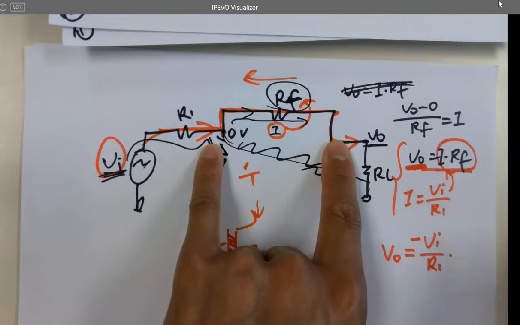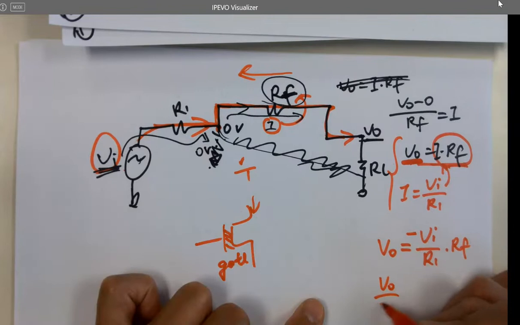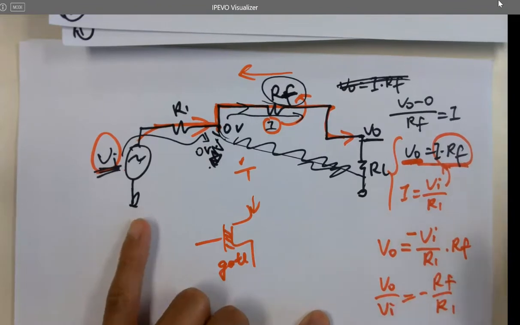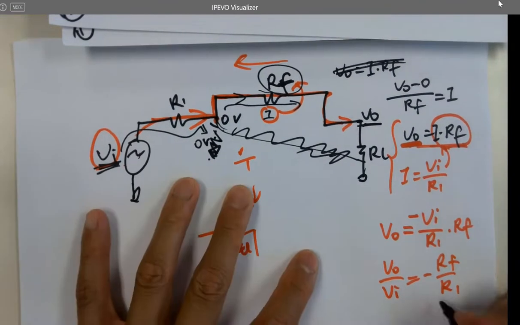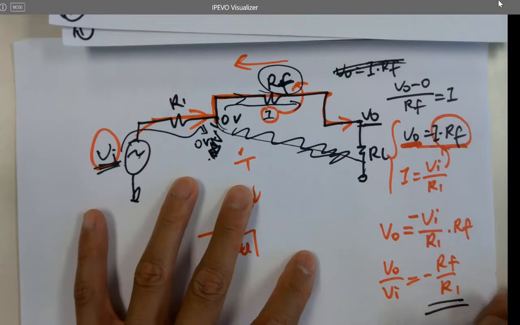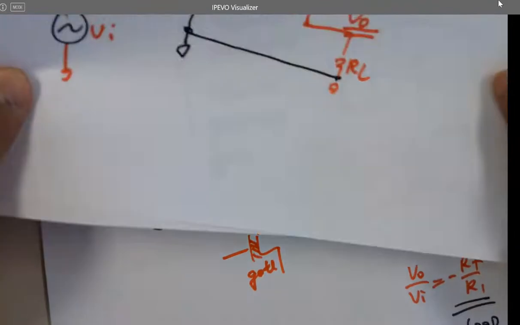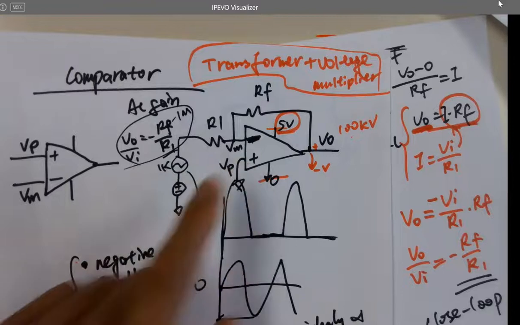So I have to have a negative sign over here times RF, and then I move VI over. That's how I derive it. That's the closed loop gain of the non-inverting configuration, which is this. Okay, that's how I derive it.